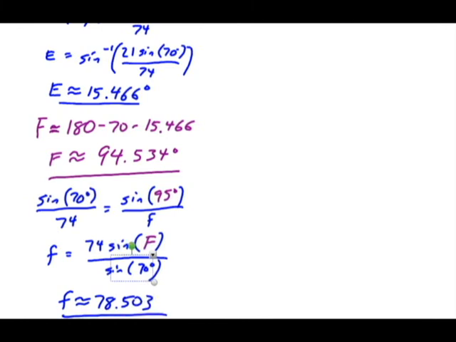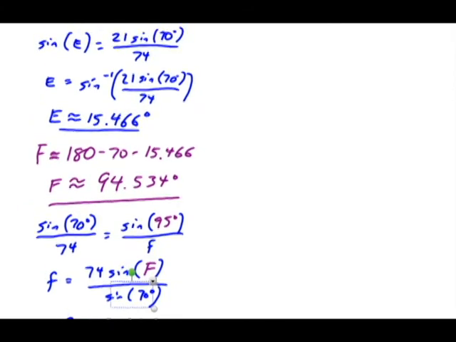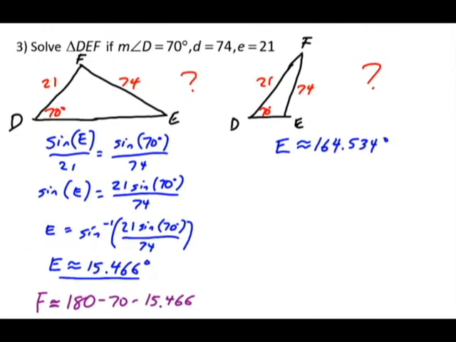There's side F. That seems like a pretty big number, so let's take a look at the triangle. Oh, there we go. Yeah, if we have one side of 74 and a short side, 78 is actually pretty believable. Let's look at case 2 now.